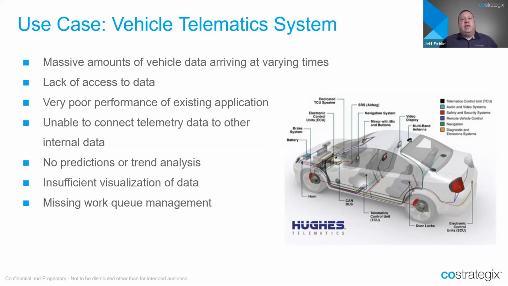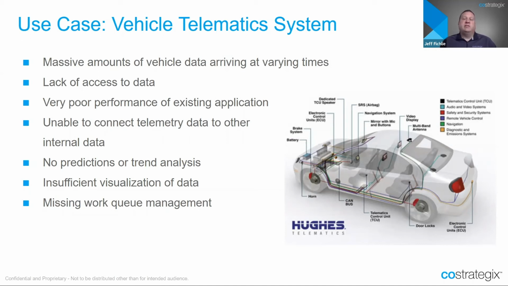The issue was they couldn't get to the data. They didn't have a good system to collect these gigabytes of data and put it in a way that they could analyze it. And they had built a proof of concept, but the performance was very poor. It was more of a proof of concept saying, okay, we can probably get there.